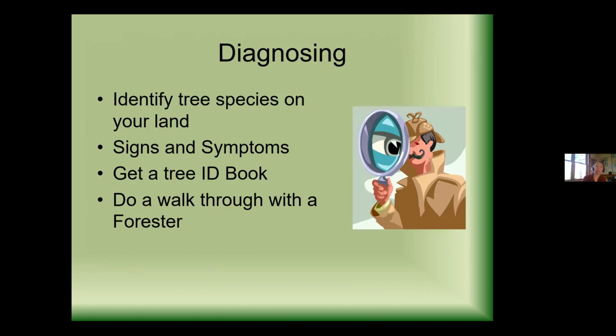And a symptom is what that tree is showing in response. Do you see wilting leaves? Do you see leaf drop in a certain part of the crown? So please get a tree ID book, check online, and we are always ready to do walkthroughs. Next slide.